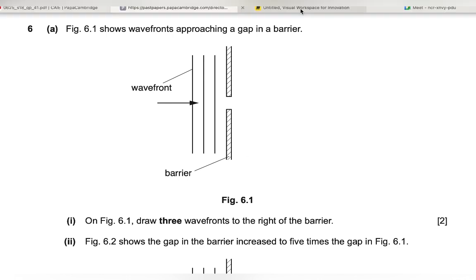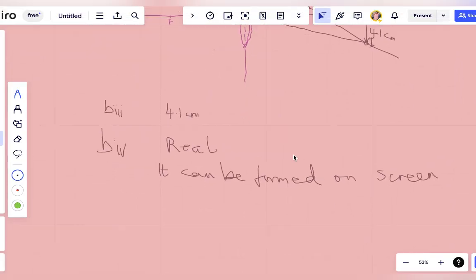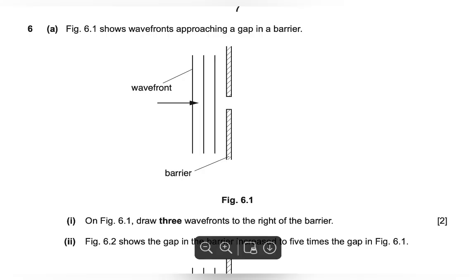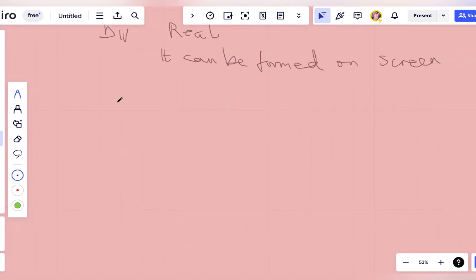Question 6a. So we have a barrier with a small narrow gap, and 3 wavefronts approaching this barrier.